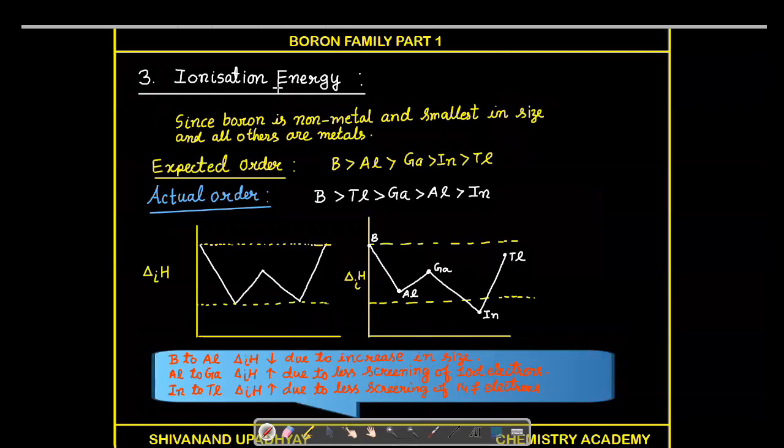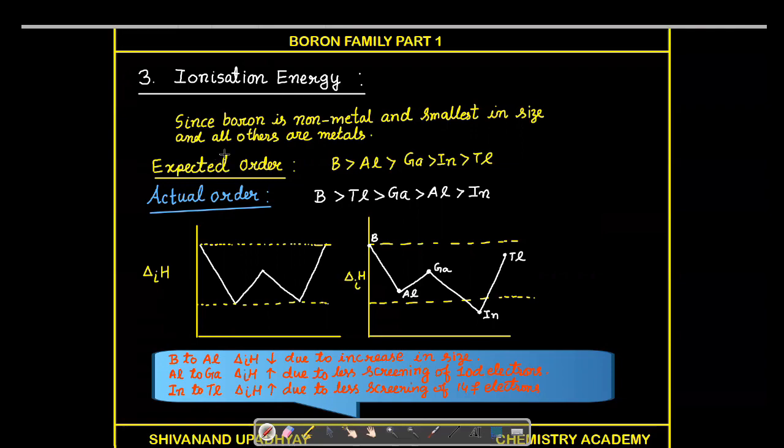The third property is ionization energy. Since we know that as we move down the group, the size of the atom should increase, and because of the increase in size, the ionization energy should decrease as we move down the group.